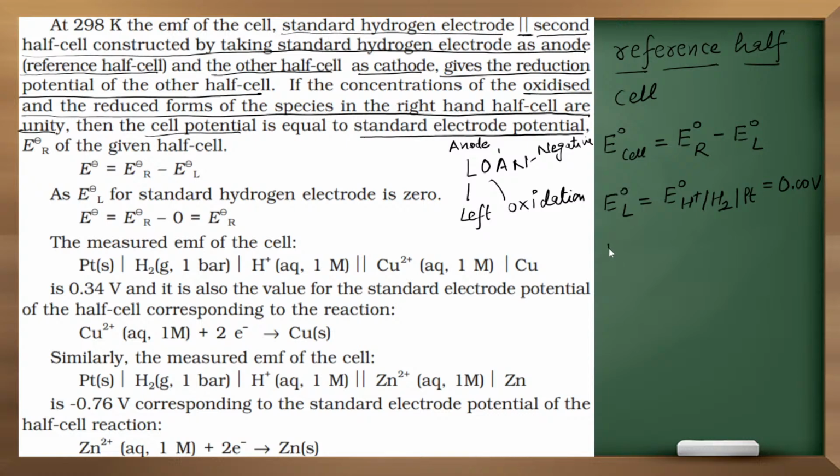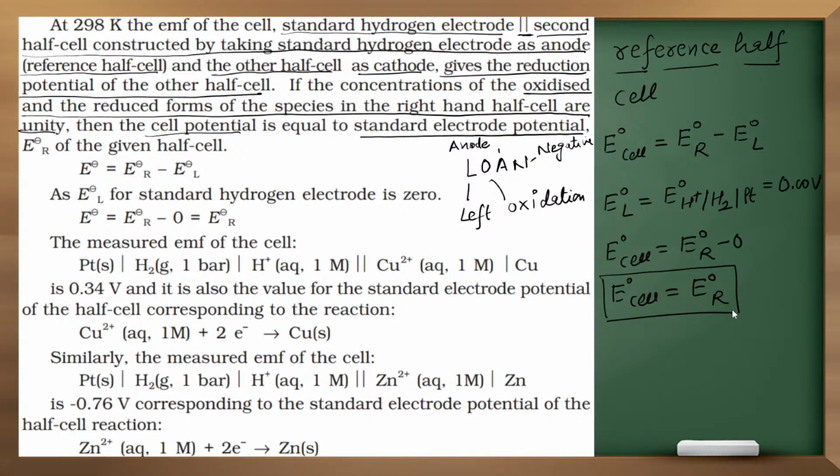So that implies E naught cell equals E naught right minus 0. In this way, E naught cell is equal to E naught right. Whatever E naught cell we get, that is the standard reduction potential of the right half cell.